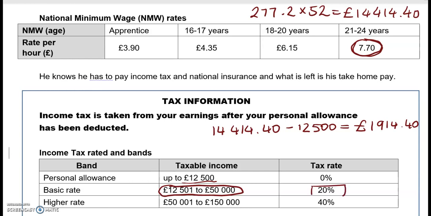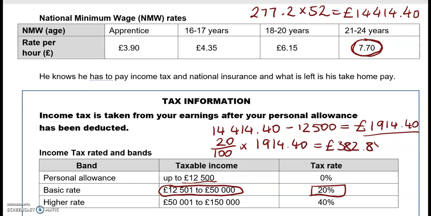So he's going to pay 20% of this amount. So 20 over 100 times 1914.40 gives us £382.88.